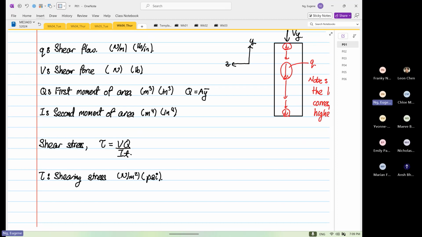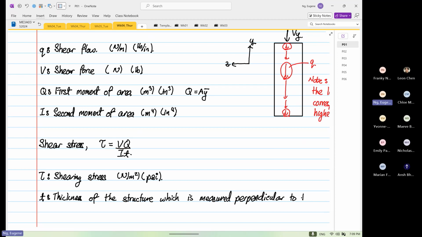And t is the thickness of the structure, which is measured perpendicular to the shear flow, okay, to the shear flow.